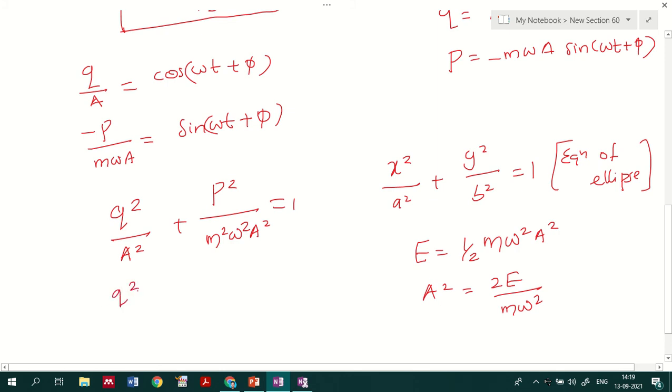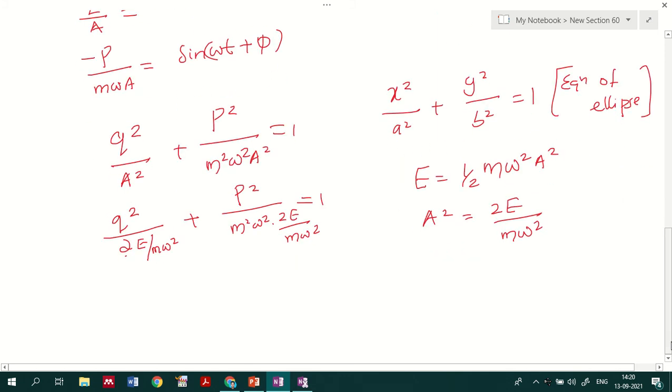So q square by a square I can substitute as q square by 2E by m omega square, plus p square divided by m square omega square into 2E by m omega square. Okay, so this is how I get the value, which is equal to 1 as well.